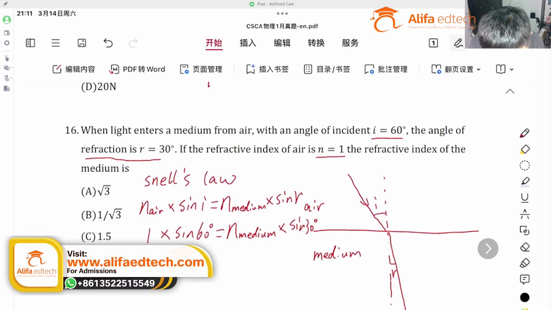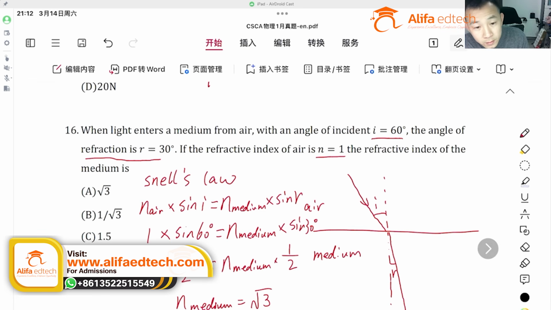So this is root 3 divided by 2 and n medium is 1 over 2. So n medium is root 3. So the answer is A. So the answer is A.